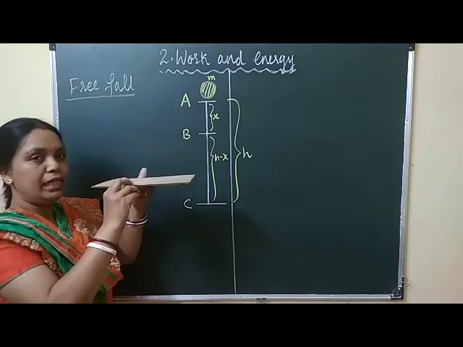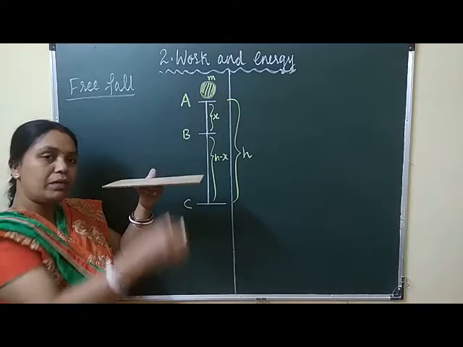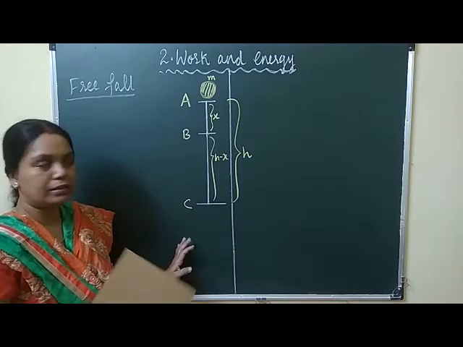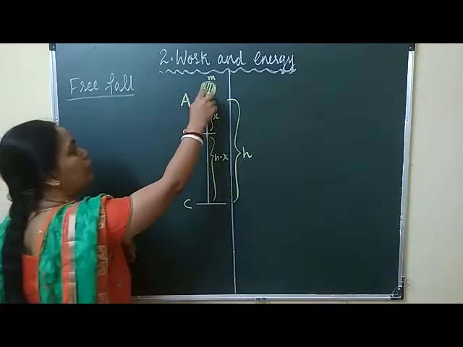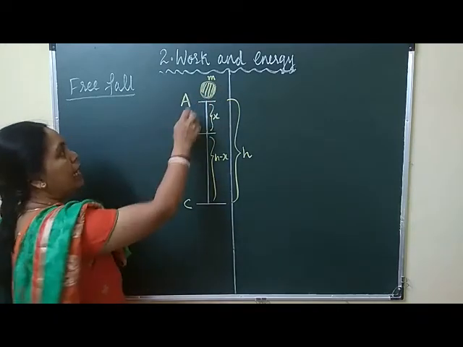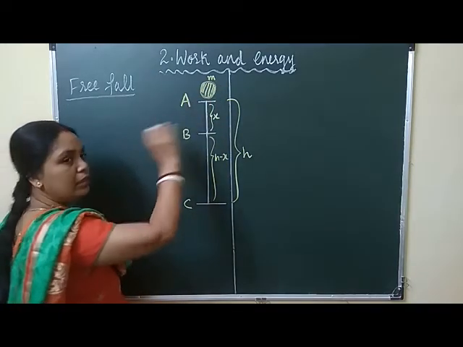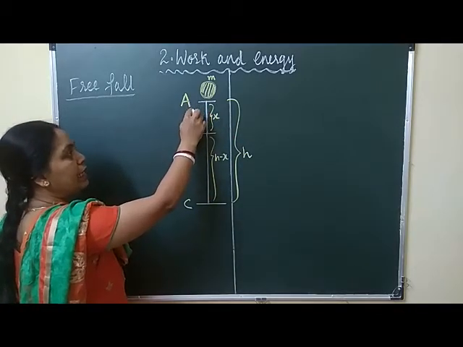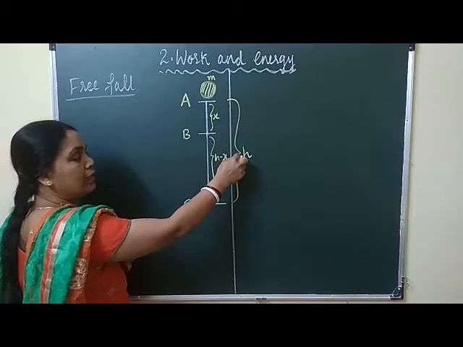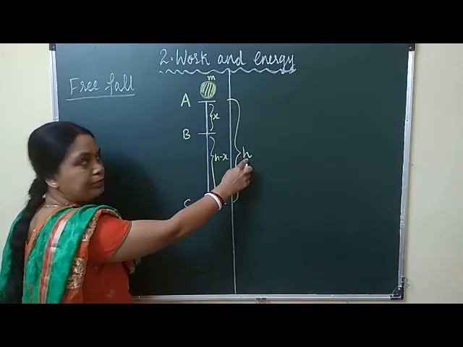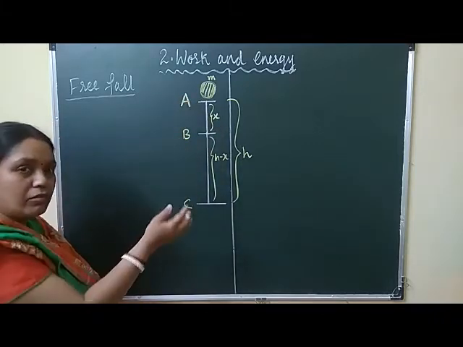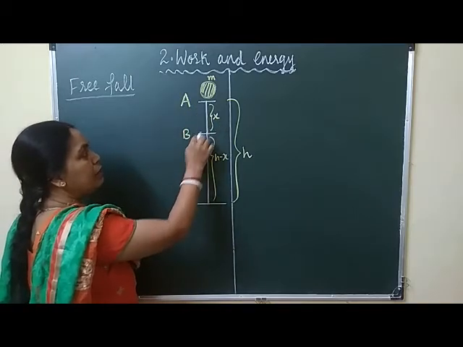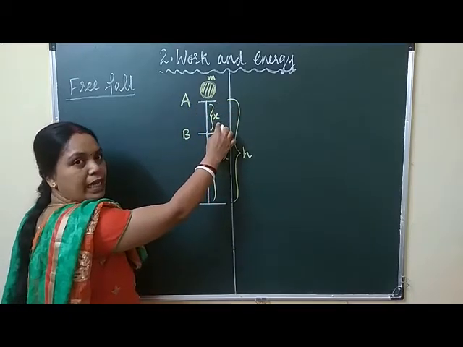When a free falling body is falling from a height, we can consider three positions of the object. Suppose I have taken a ball of mass m and kept it on top of the table. So it is at position A and at a height h. When the ball falls down, I catch it at position B. During this time, it is covering a distance of x.